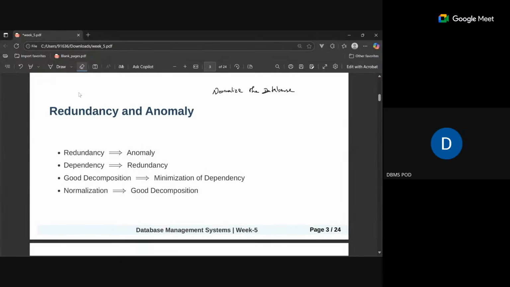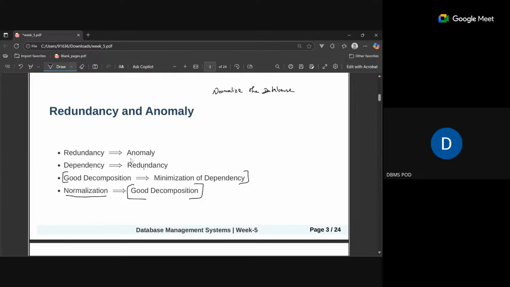Good normalization leads to good decomposition, which leads to minimization of dependency, which removes redundancies, and removing redundancies removes anomalies. That's the whole concept of week 5 and 6.